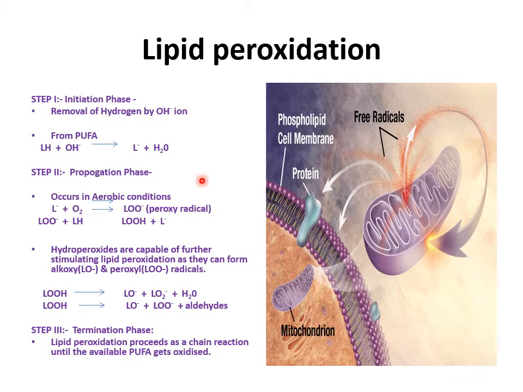Now the second stage is known as the propagation stage. Propagation means elongation, that is, how the chain reaction proceeds. Now the lipid peroxidation chain reaction occurs. How?